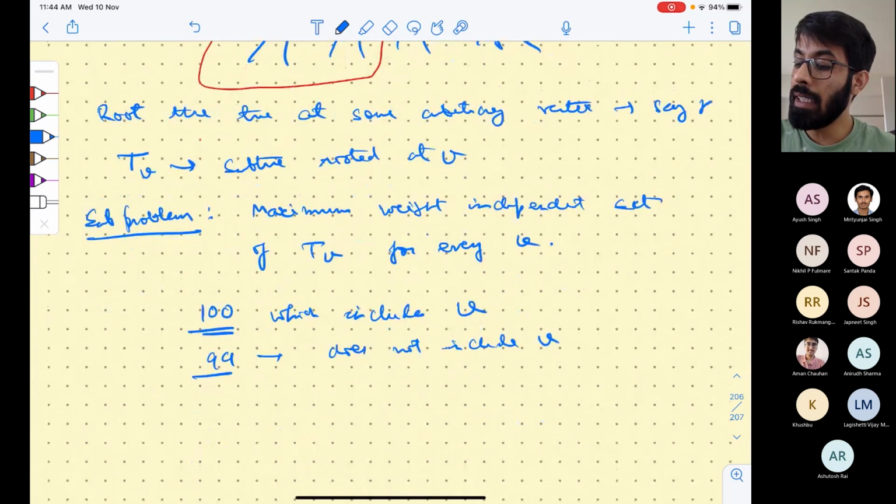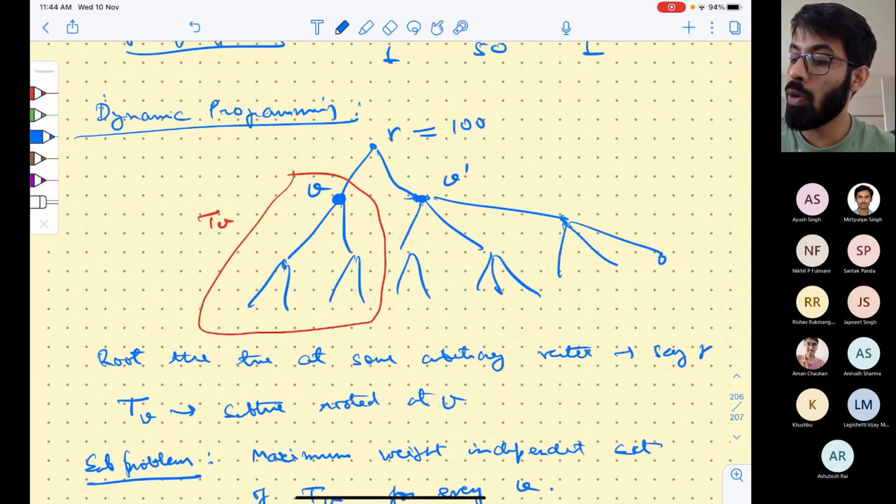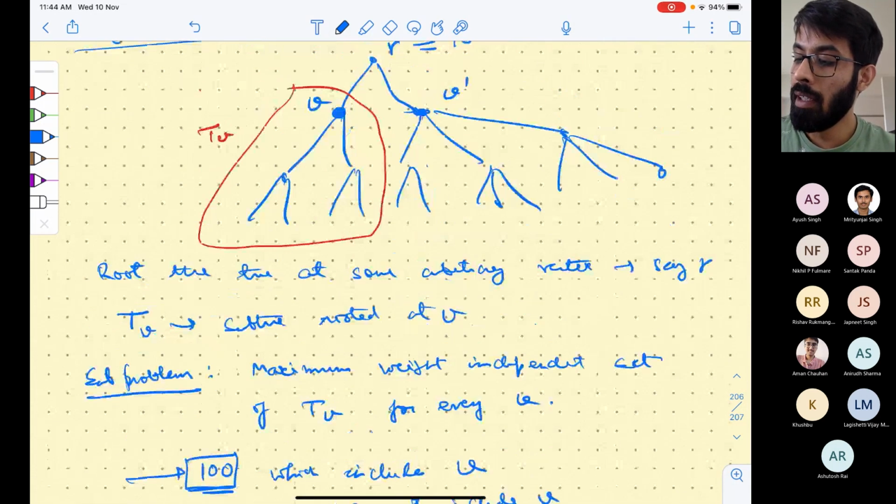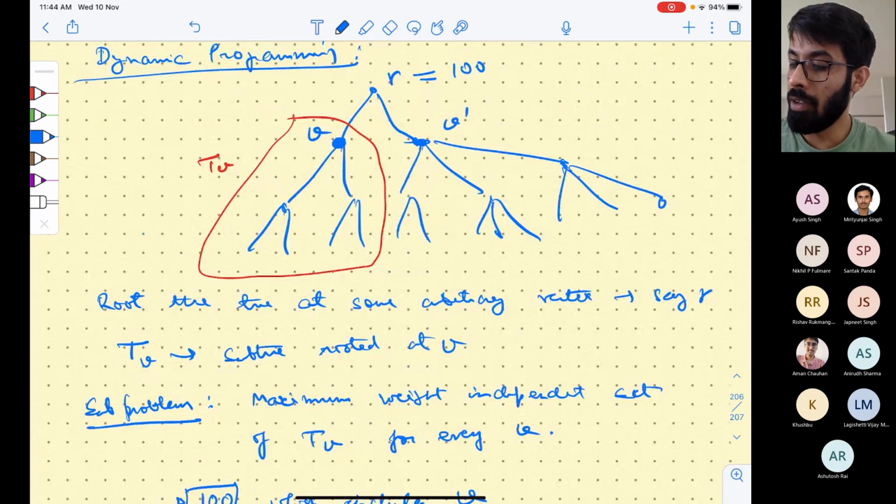But since you are only storing the one which contains V, you cannot combine R to get 199, plus whatever is here.